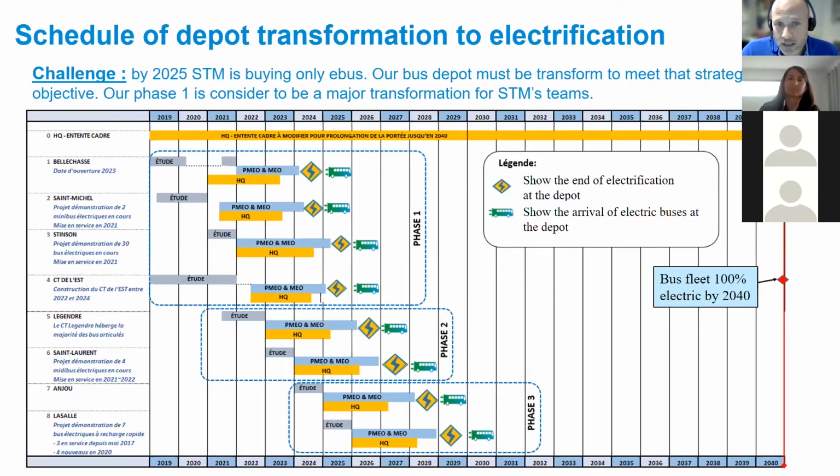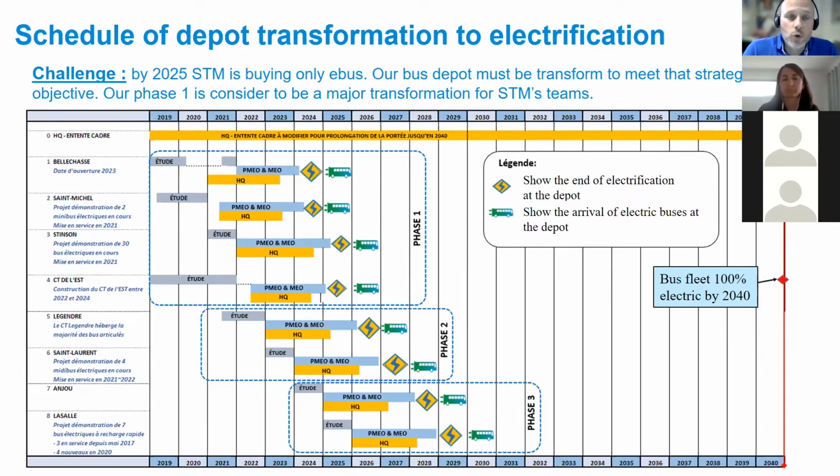Our first challenge is to buy only e-buses by 2025. This is the strategic plan from our board of directors. And also in Quebec, we have this orientation from the Quebec government that they will subsidize only e-buses by 2025.